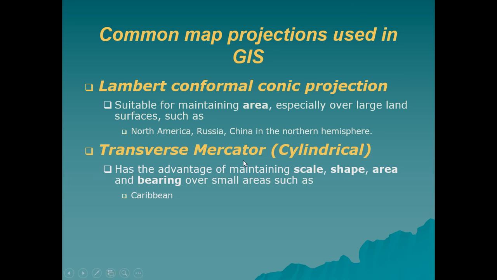We have the transverse Mercator, we know is cylindrical. As mentioned before, it would be suitable for around the equator and small island areas such as the Caribbean. This particular projection maintains and preserves scale, shape, area, and bearing. So those are a lot of characteristics or properties that are actually preserved using the cylindrical for small areas.